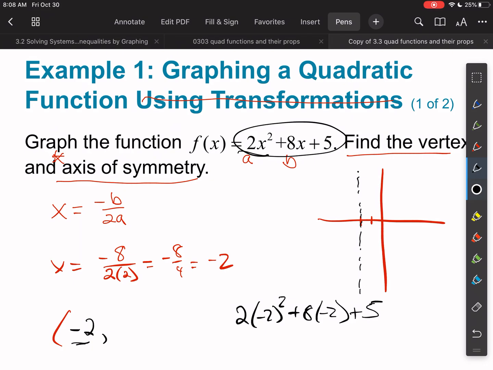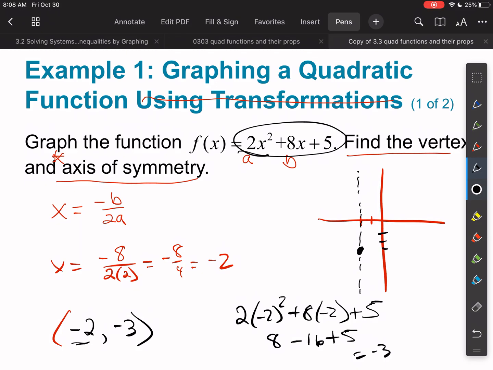All right, so negative 2 squared is 4. 4 times 2 is 8. 8 plus 8 times negative 2 is negative 16 plus 5. So 8 minus 16 is negative 8. Negative 8 plus 5 is equal to negative 3. All right, so assuming that I didn't make any mistakes there, my vertex lies on negative 2, negative 3.